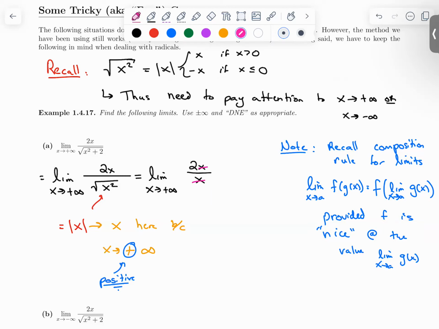The x's cancel, and we're just going to have the limit of 2. So the final answer is 2, because the limit of a constant is the constant itself. Any questions on that? Let's see the next one to understand why we have to be careful.